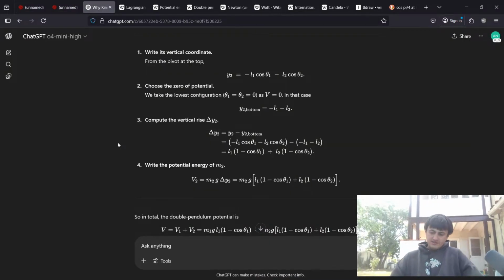So, indeed, y2 is equal to y2. So delta y2 is equal to y2 minus L1. Wait, actually, didn't I have it the other way around?